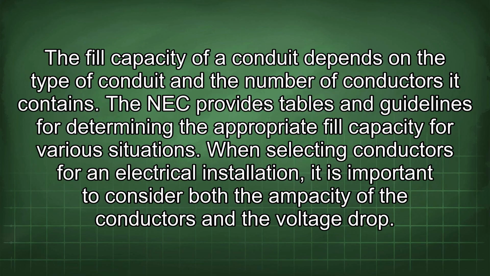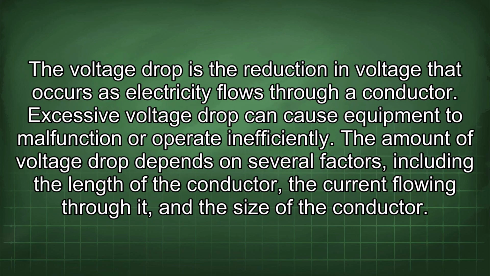When selecting conductors for an electrical installation, it is important to consider both the ampacity of the conductors and the voltage drop. The voltage drop is the reduction in voltage that occurs as electricity flows through a conductor. Excessive voltage drop can cause equipment to malfunction or operate inefficiently. The amount of voltage drop depends on several factors, including the length of the conductor, the current flowing through it, and the size of the conductor.